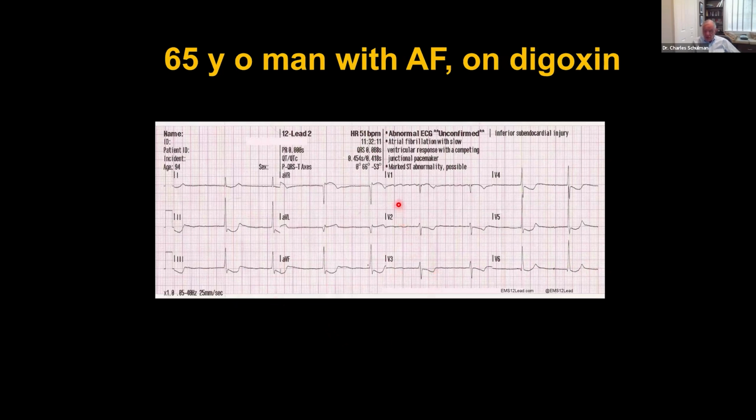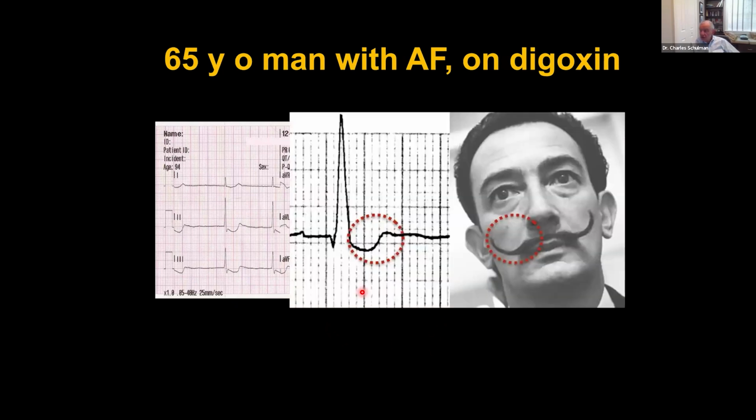A patient with atrial fibrillation on digoxin, whose rate is this slow, is digitoxic, although I don't have any more data on this particular person. Okay, so there's Salvador Dali, and then I'm going to skip ahead and show you one last condition.